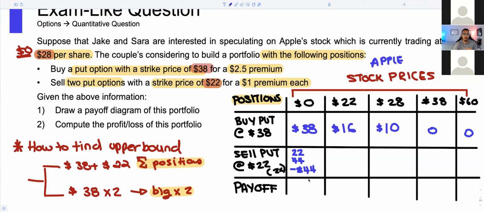Obviously, if it's 22 bucks on the market and you're selling your put at 22, all of these would be 0. It's pretty straightforward. Now what we need to do is find our payoff. Our payoff is simple. You just add all of them together. So what's 38 plus minus 44?